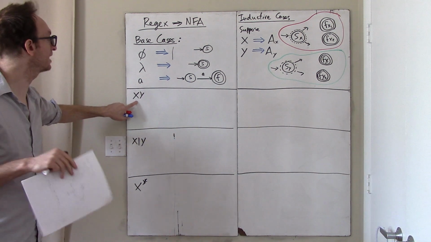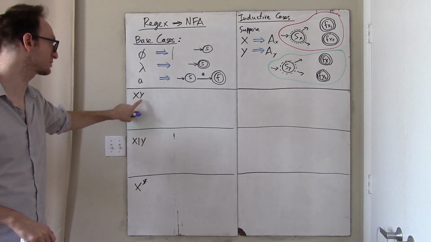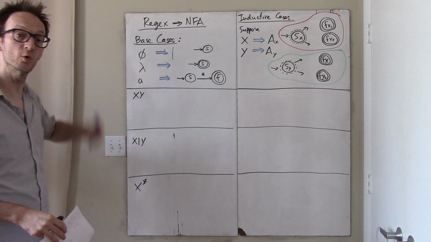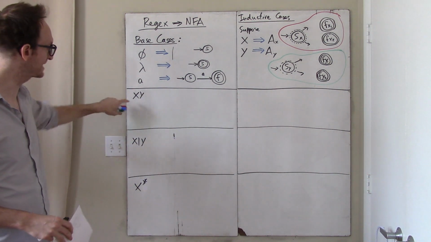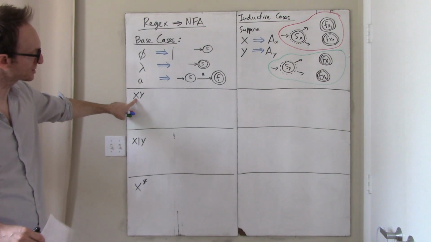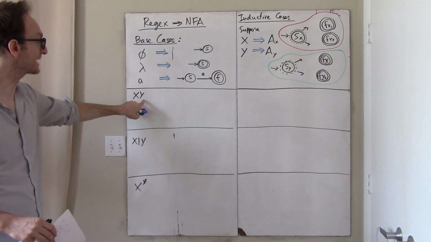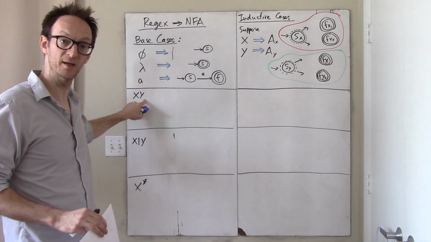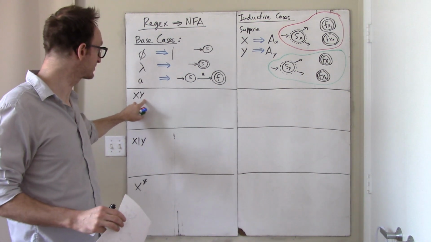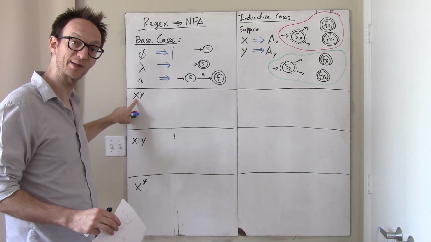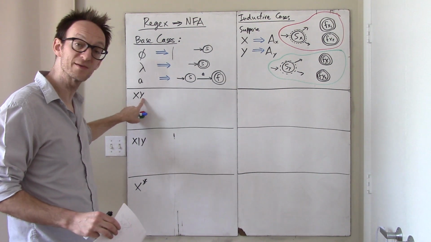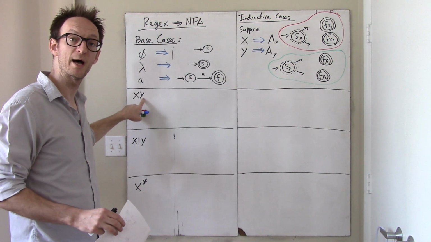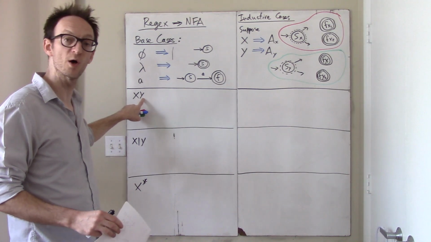What is ultimately regular expression xy? Well, it's a new regular expression, which is the concatenation of this regular expression and this regular expression. So what is xy going to match? Well, it's going to match any string composed of a substring which matches regular expression x, immediately followed by a substring which matches regular expression y.